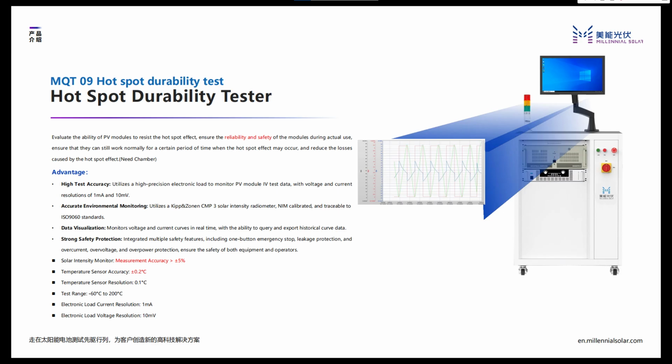And for this device, the one thing I have to mention is the accuracy of our sensor, which is plus and minus 0.2 degrees Celsius, and its measurement accuracy is plus and minus 5%.